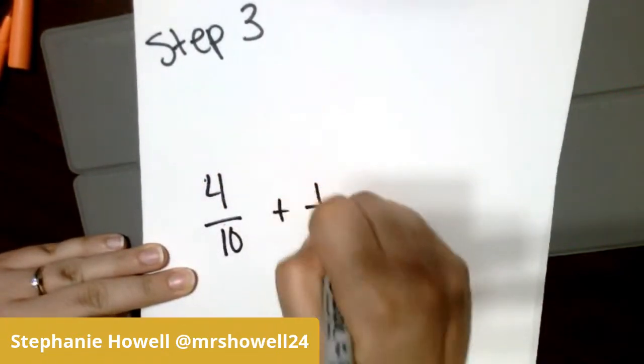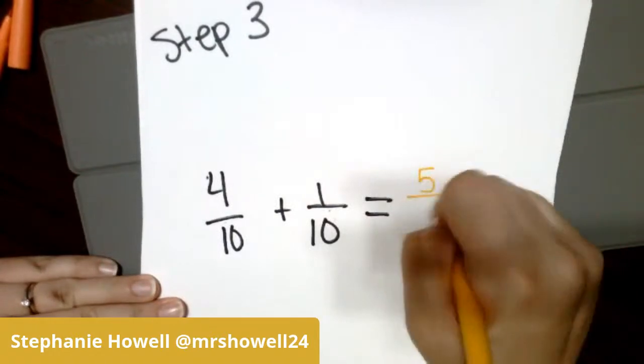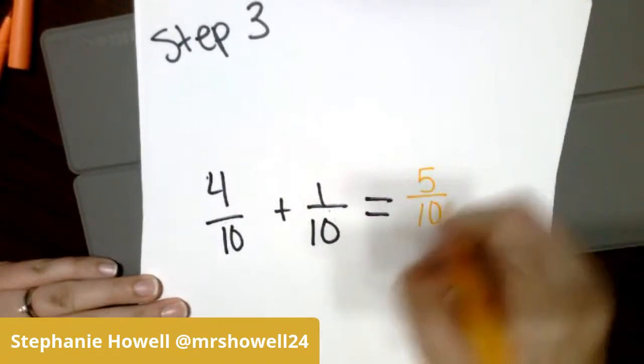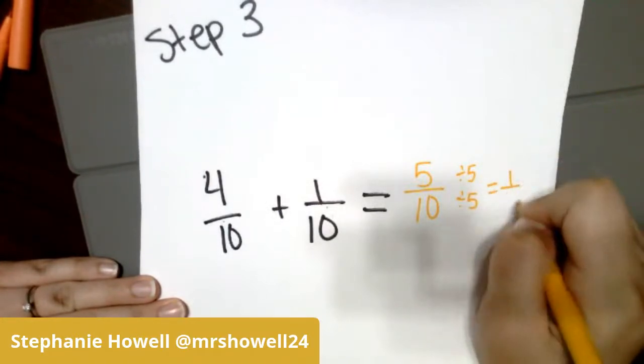So I've got my new fraction. And then if I divide both the top and the bottom by 5, I then get 1/2.